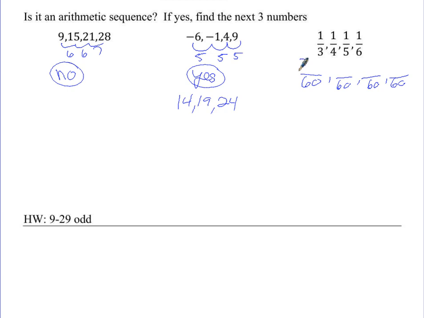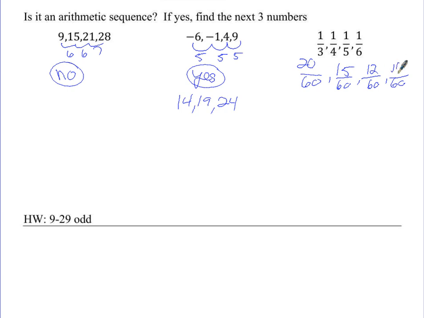So this becomes 20 60ths. 4 times what gives me 60? How many minutes are there in an hour? What's 1/4 of 60 minutes? 15, see? How about 5 times what gives me 60? 12. So we have 12 here. And then 6 times what?